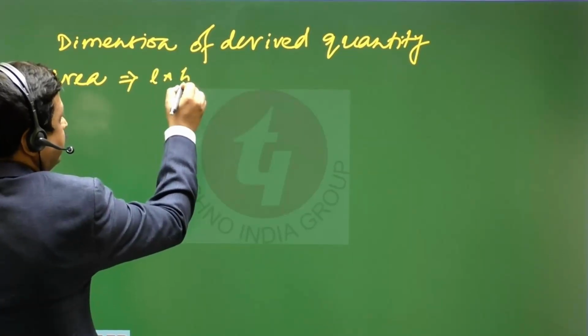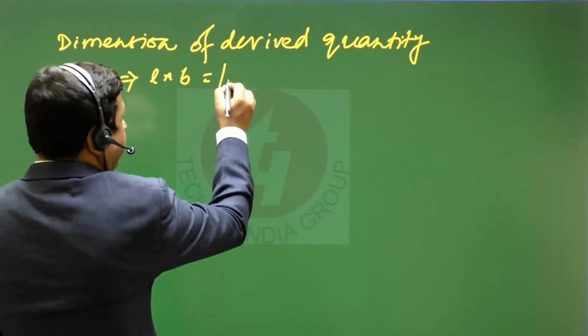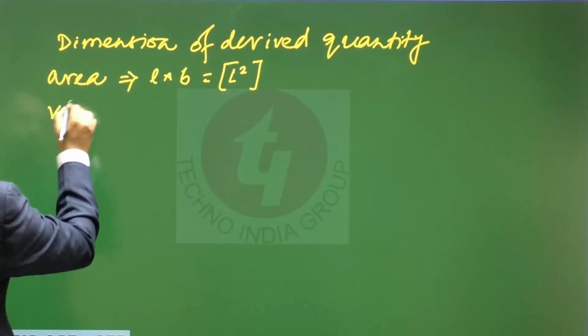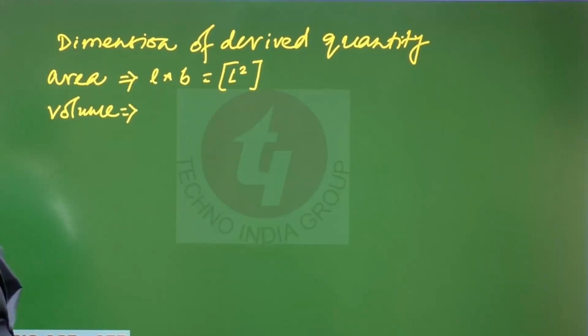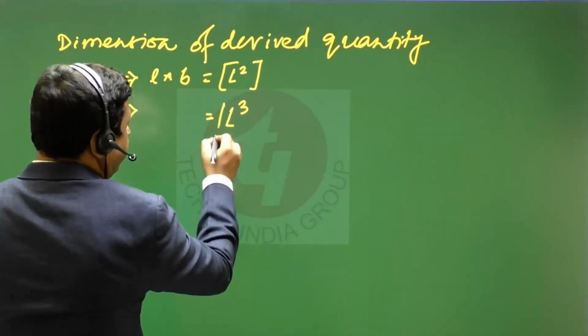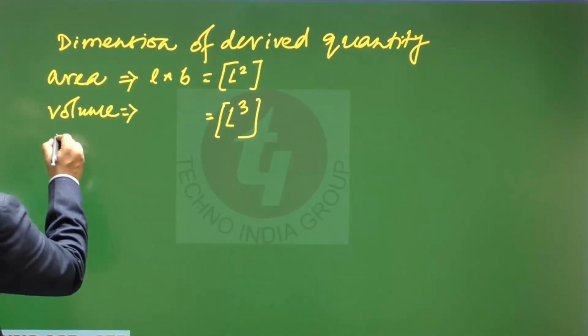The dimension of length is L and the dimension of breadth is also L. So the dimension of area is L square. Like volume. Volume is length into breadth into height, all dimensionally L, so the dimension is L cube, okay? And the dimension is always written in between a third bracket, okay?